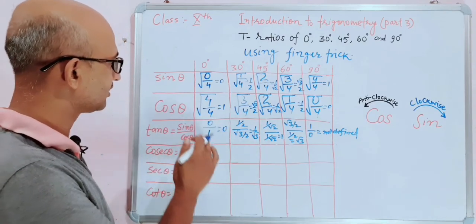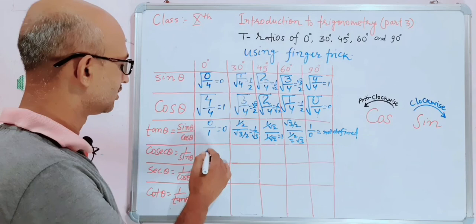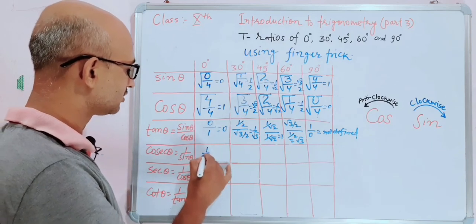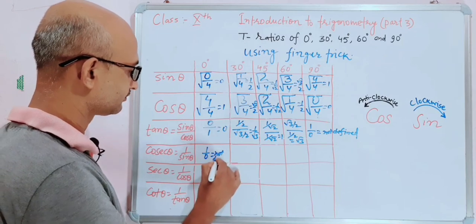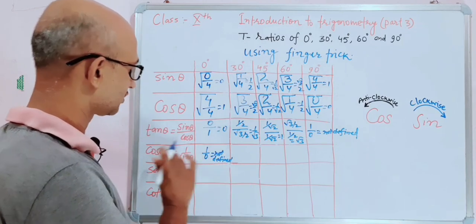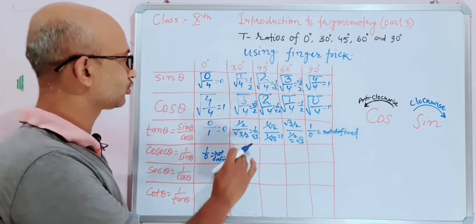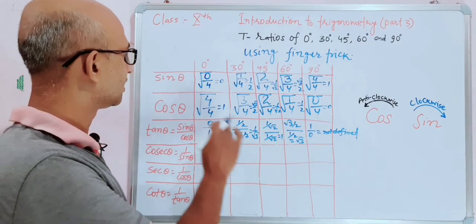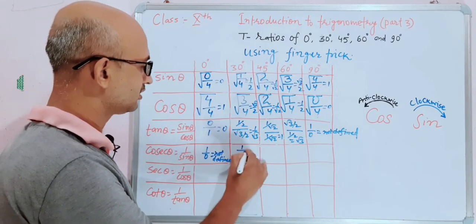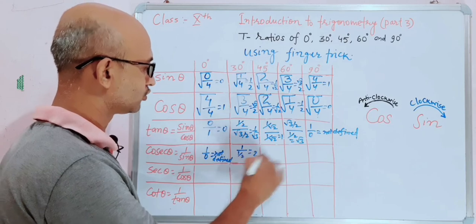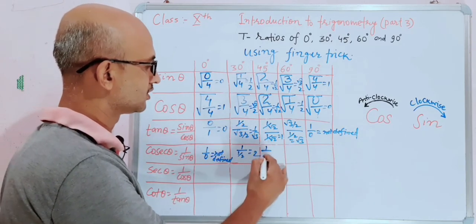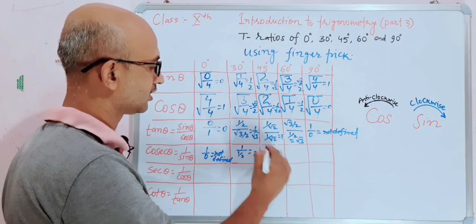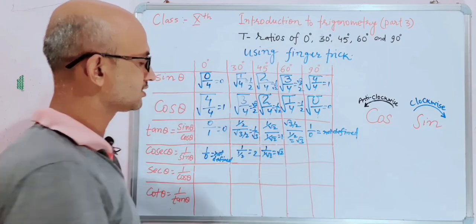Cosec 0, it is reciprocal of sine 0, that is 1 by 0 and it is not defined. Cosec 30, it is reciprocal of sine 30, and reciprocal of sine 30, it is 2. Cosec 45, it is reciprocal of sine 45, and reciprocal of sine 45 is root 2.